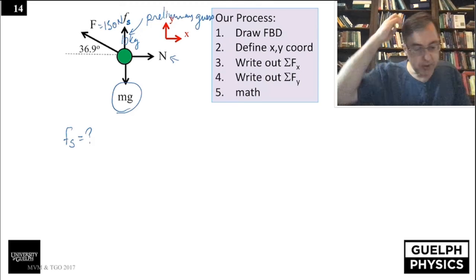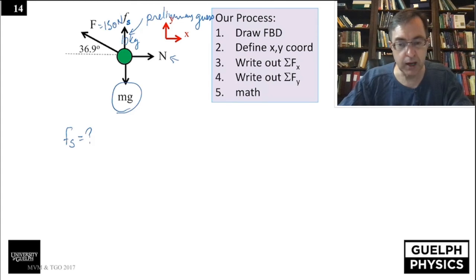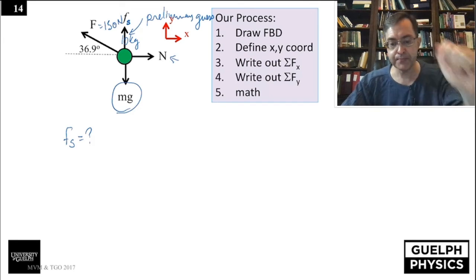The static friction force would be up if the y component of the applied force of 150 newtons were not strong enough to compensate for the weight of the object. Otherwise, if the y component of the applied force were too great, then the static friction force would be down to prevent the object from sliding up the wall.